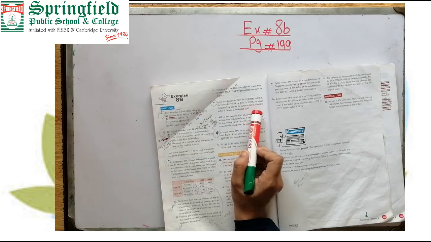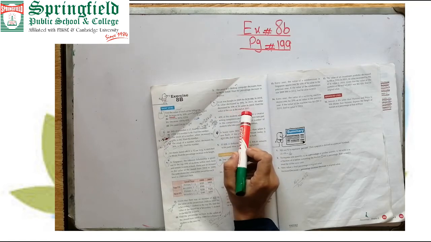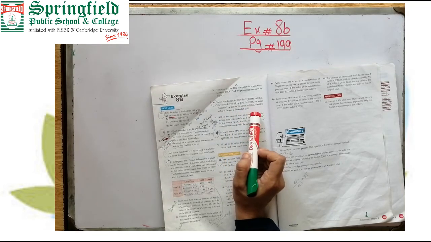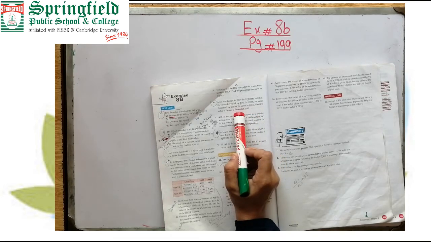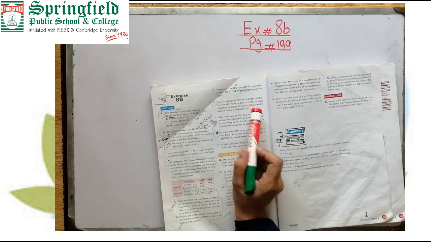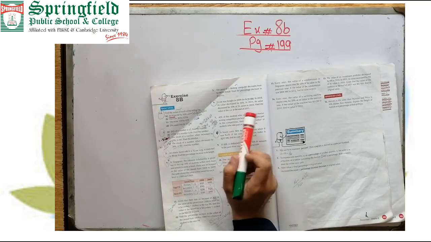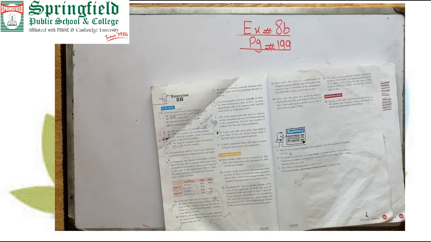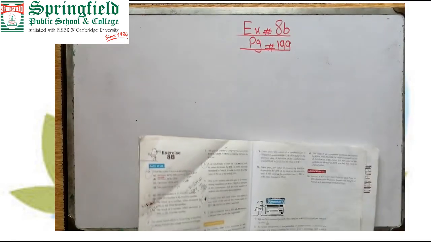Then they say it will decrease 10% in 2011, so we will again find the value, and then check the price of the car in 2011. So come to the solution.